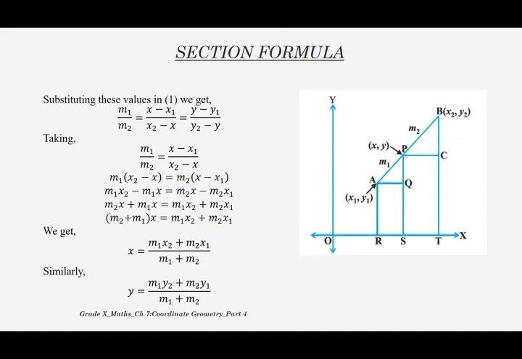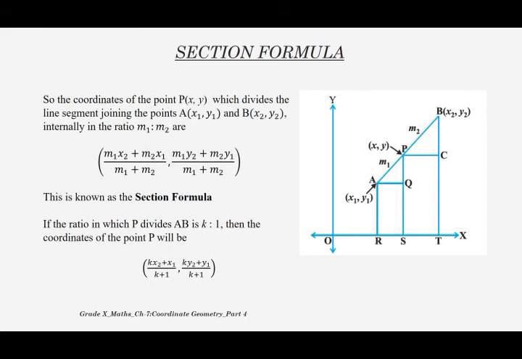Same way, if we are solving for the y coordinate, we will get y is equal to (m1 y2 plus m2 y1) by (m1 plus m2). These 2 give the point P (x, y). This is known as the section formula.